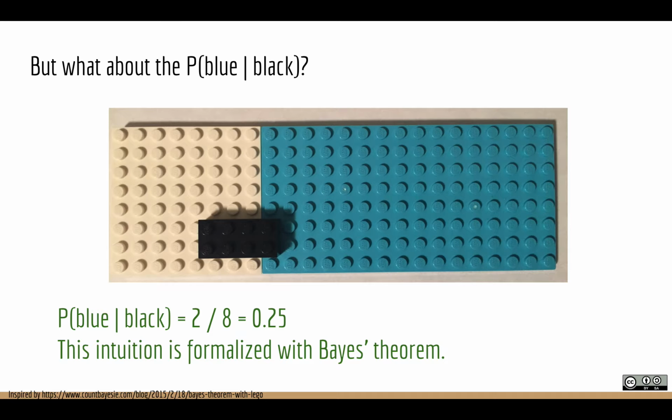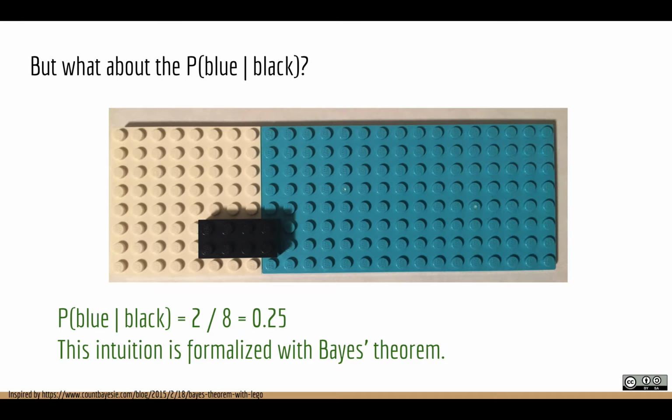Now we can do it in the other direction though. What's the probability of being on a blue peg underneath if my dart hit a black peg? Well, there are 8 pegs that are black. 2 of them have blue underneath.